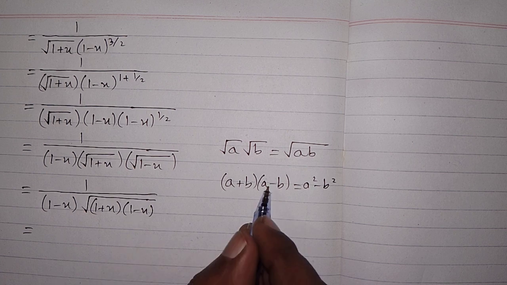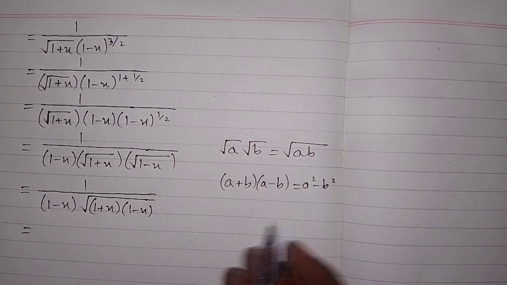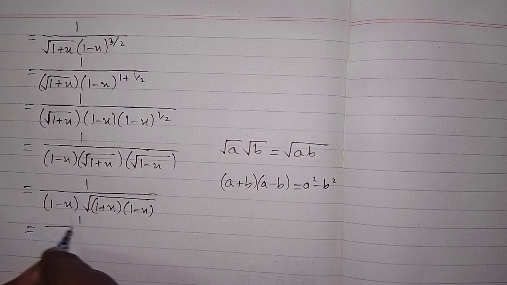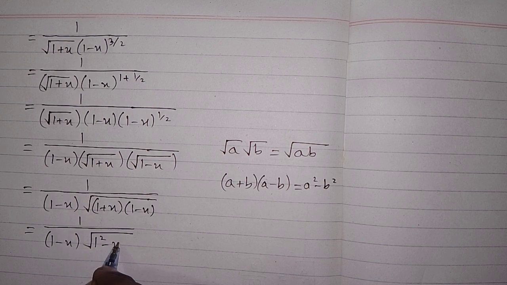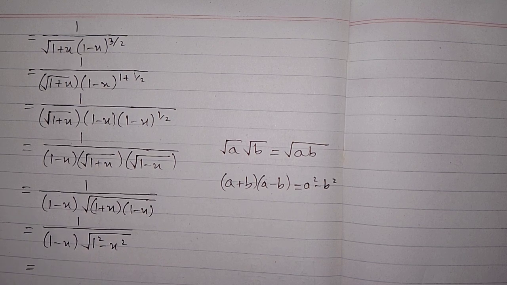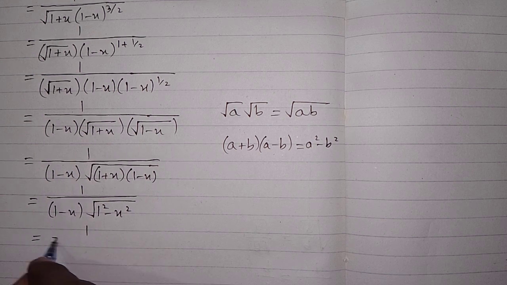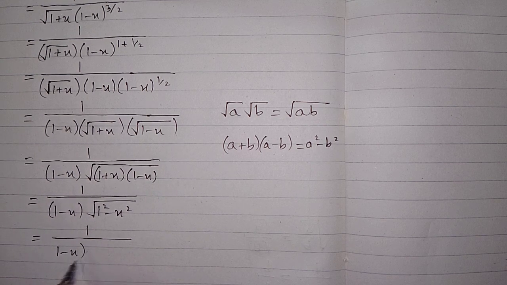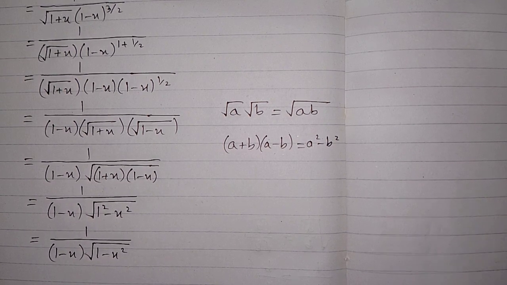So we have 1 upon (1 minus x) square root of 1 square minus x square. So the final answer is 1 upon (1 minus x) multiplied by square root of 1 minus x square, and this is the required answer.